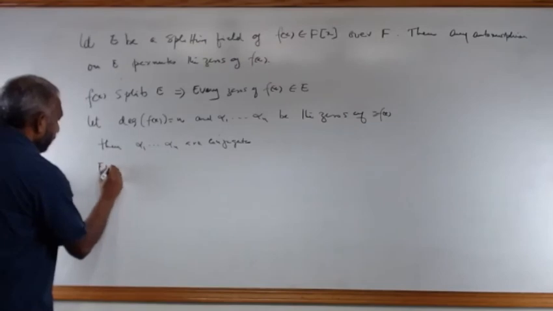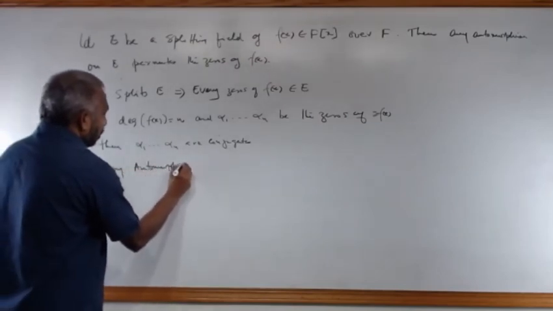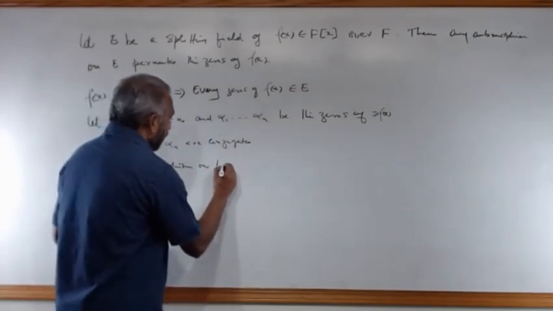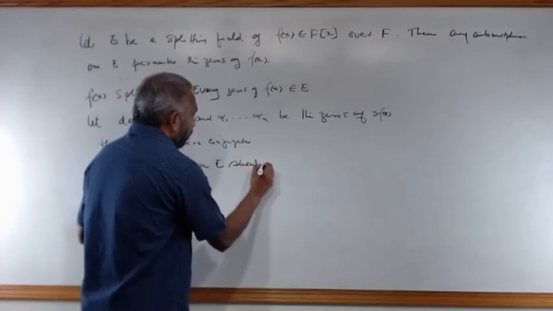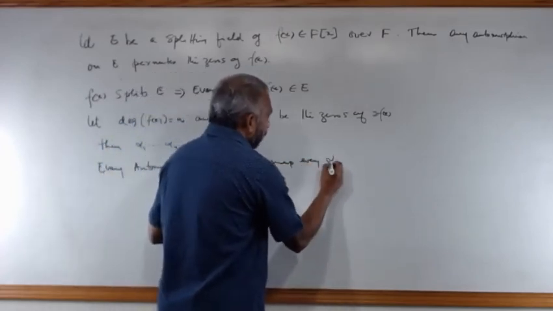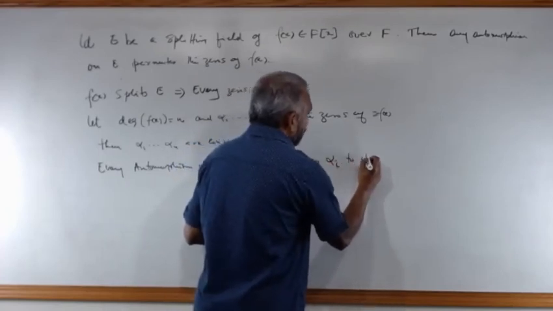So every automorphism on E should map every alpha i to its conjugate.